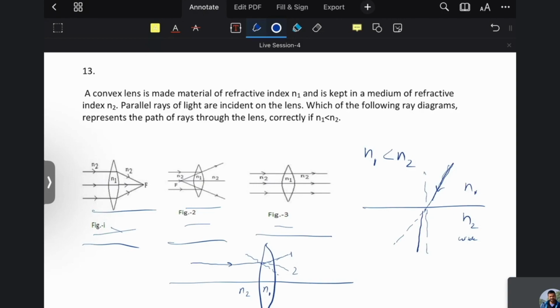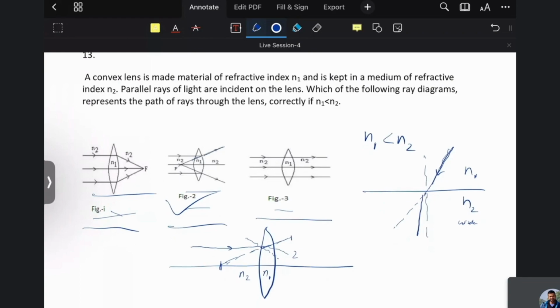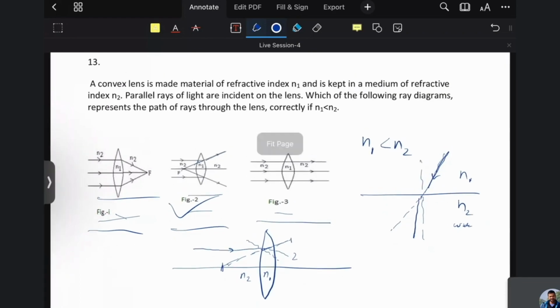So see, here the light is coming, it is bending away from the normal, and then you can extrapolate it, and this is the correct path of the ray. Okay, so yeah, figure 2 is correct. So yeah, this is it. This was a little counterintuitive, but you have to think about it.